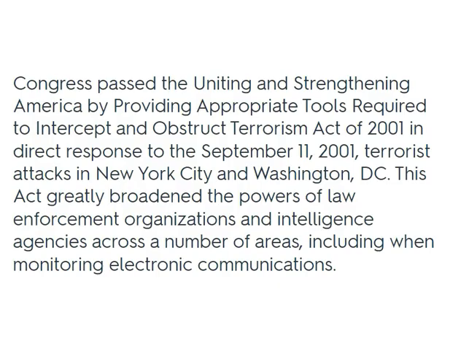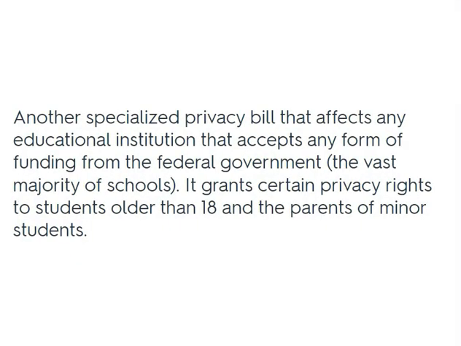Gramm-Leach-Bliley Act of 1999. USA Patriot Act of 2001. Another specialized privacy bill that affects any educational institution that accepts any form of funding from the federal government. It grants certain privacy rights to students older than 18 and the parents of minor students.